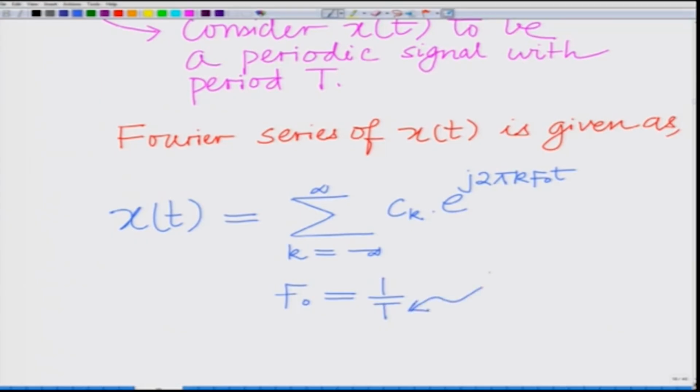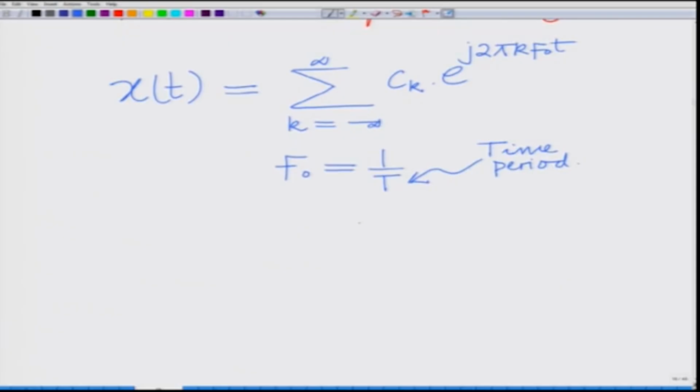Remember, capital T is the time period of the periodic signal, and f_0 equals 1 over T is termed as the fundamental frequency.